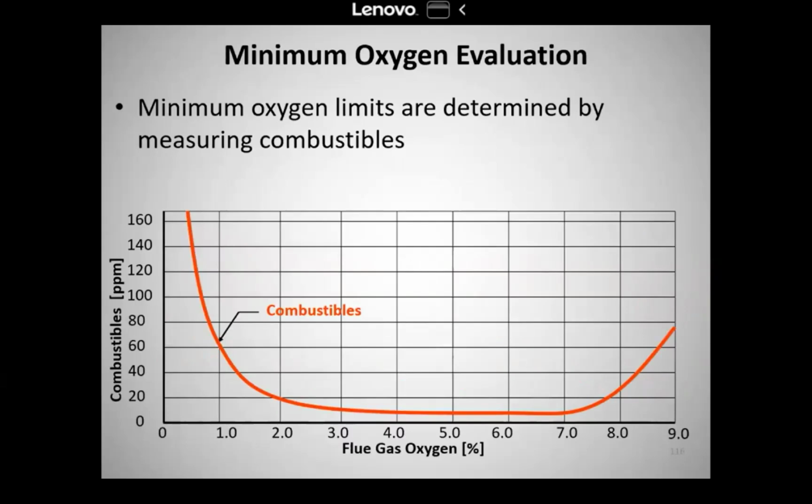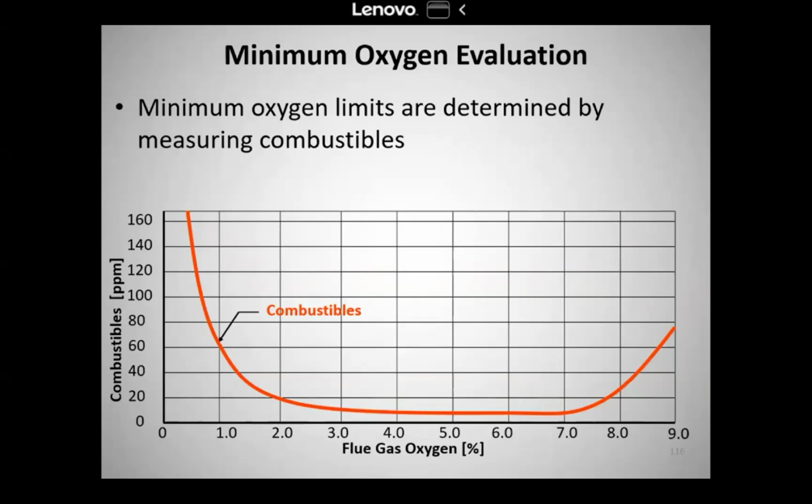Okay, minimum oxygen evaluation. Minimum oxygen limits can be determined by measuring combustibles. The way we measure the excess O2 is we put a probe in the flue gases and pull a sample, and that sample will tell us what percent, on a volume basis, is oxygen.